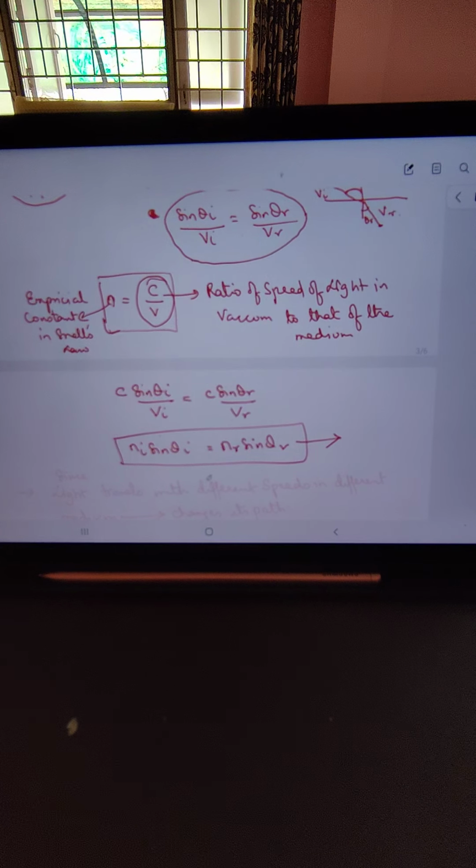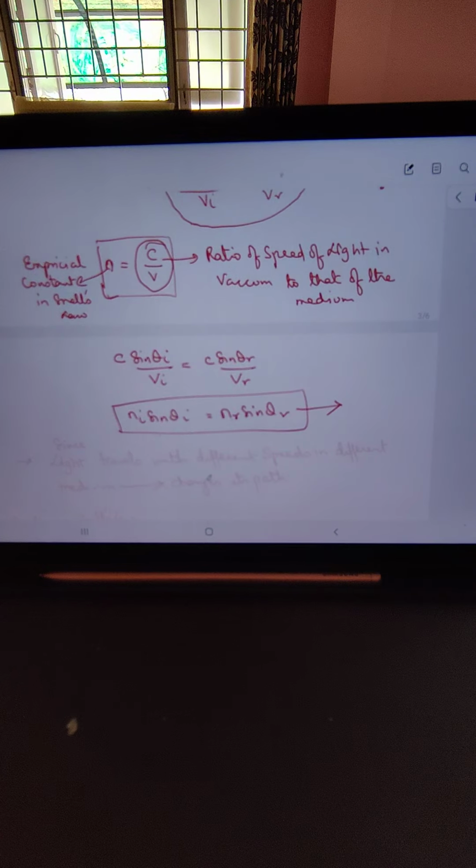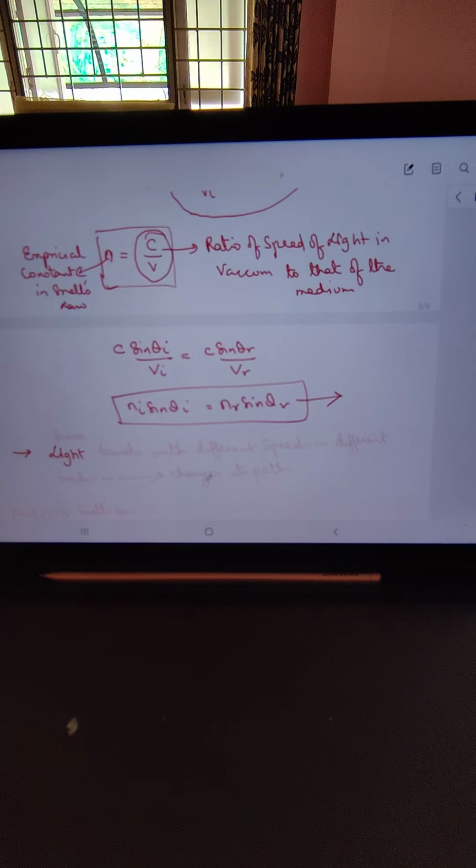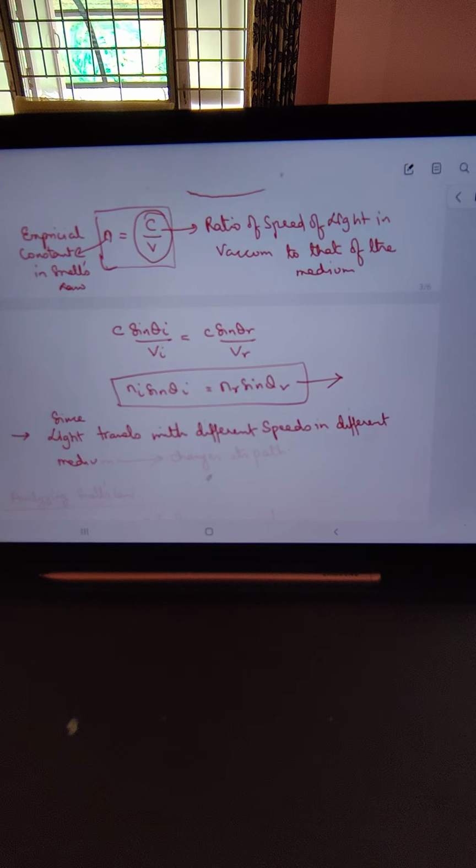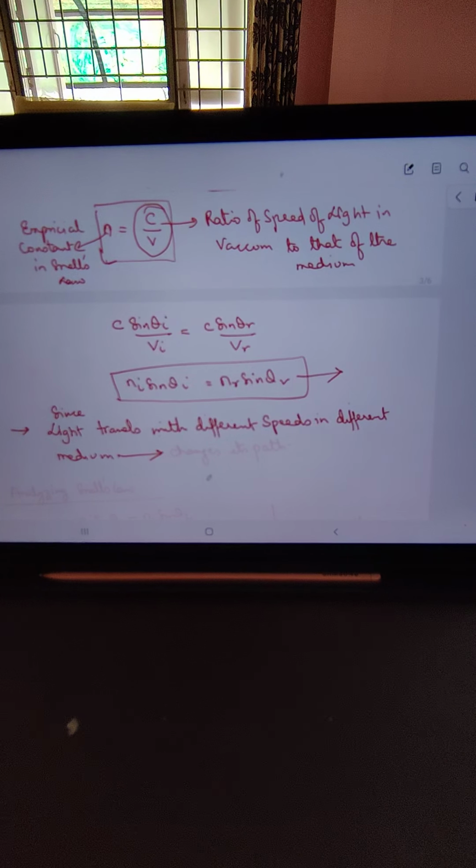The other thing is, fundamentally, if we want to know why light changes its path, the reason would be that light travels with different speeds in different media, and because of this, it changes its path.